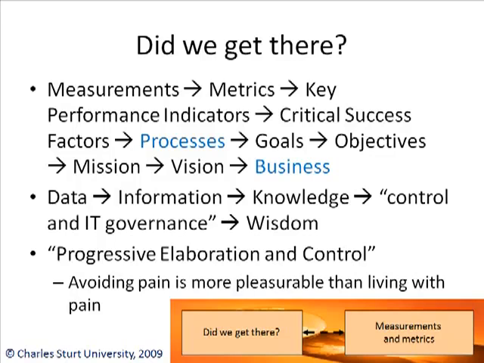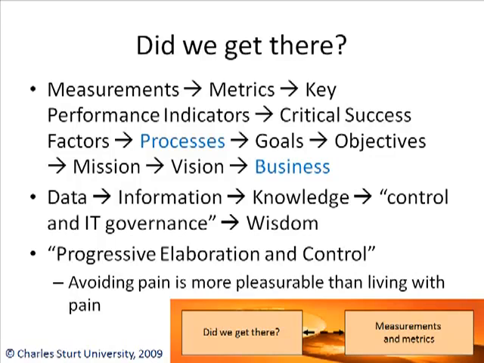If you get access to the right data, the right information, you are able to create knowledge. You are able to control and to govern your IT environment. So you've got IT governance in place. And ultimately, you will be able to make the right decisions. And ultimately, that will give you the power of wisdom. So also, it says here, progressive elaboration and control.